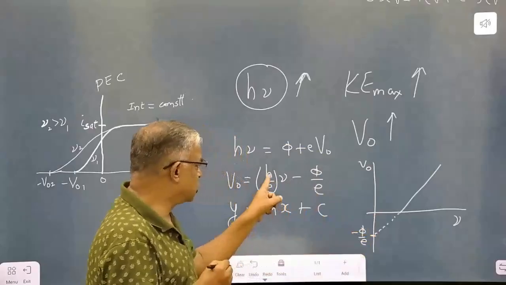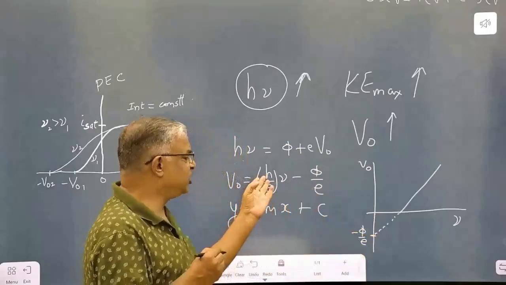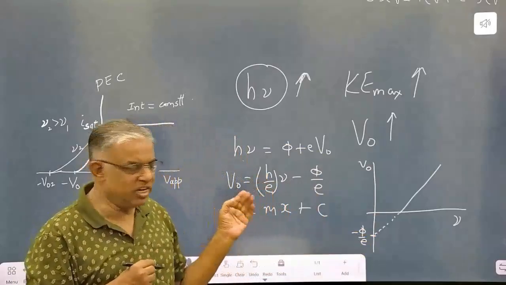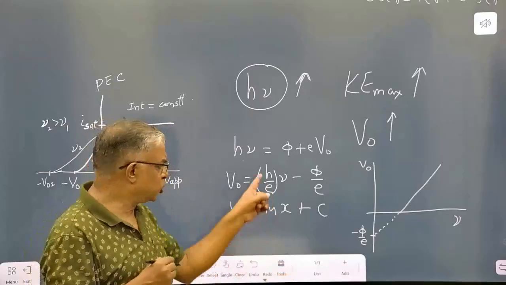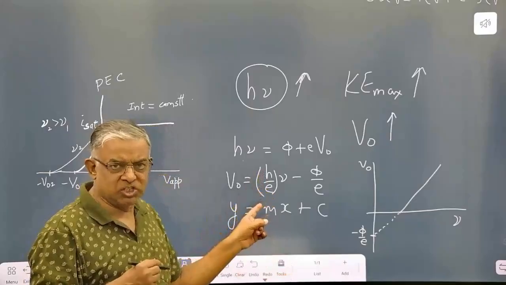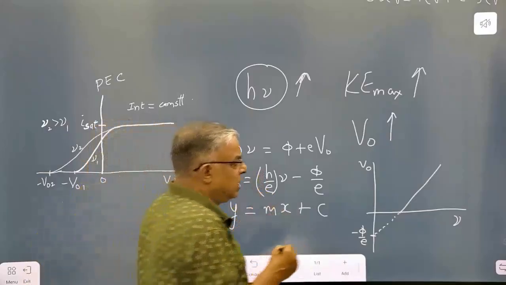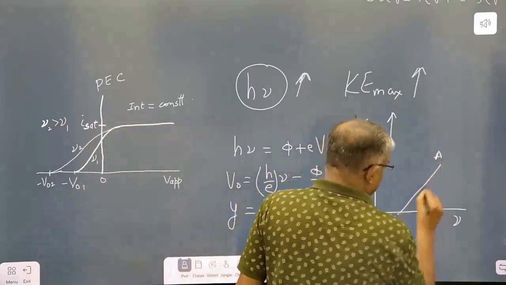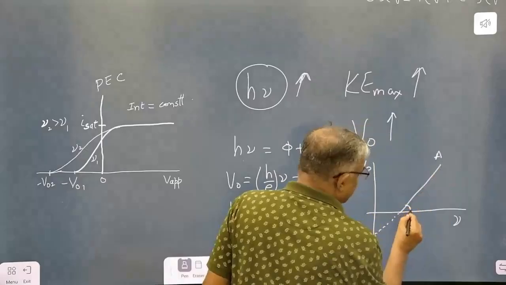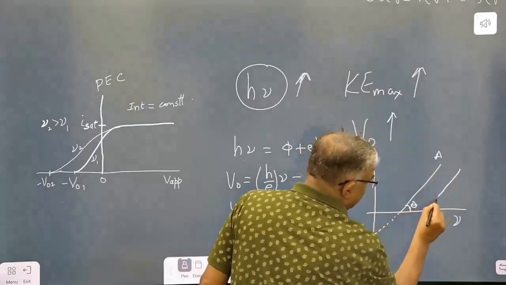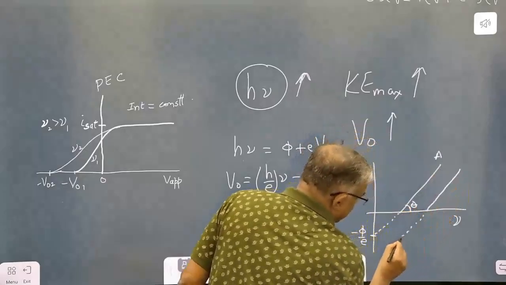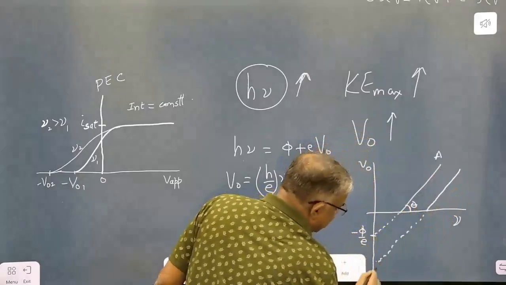But look, slope is h by e. h is a universal constant, Planck's constant, and e is also a universal constant, the charge on electron. So, slope is a universal constant in this case. That means, if for a metal this is the slope, for any other metal the slope would remain the same, though the intercept will change.